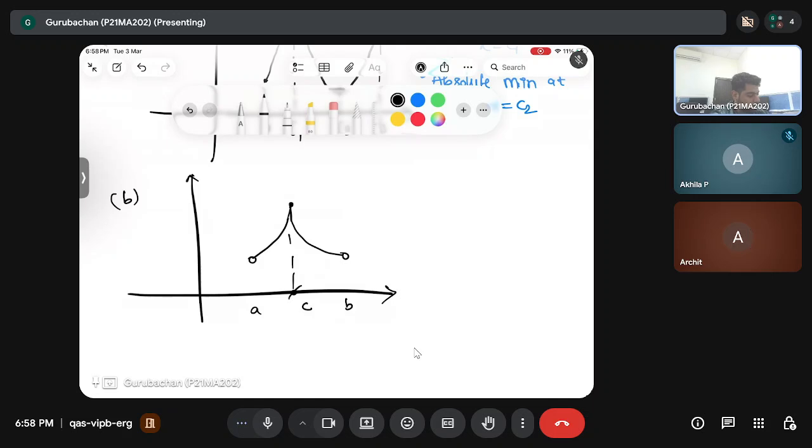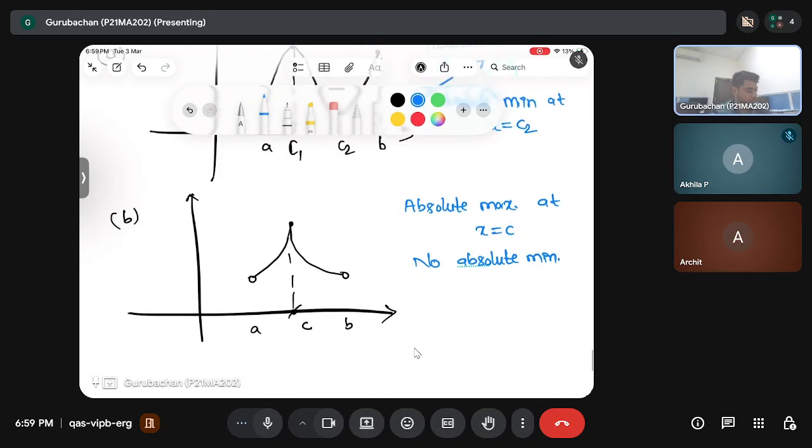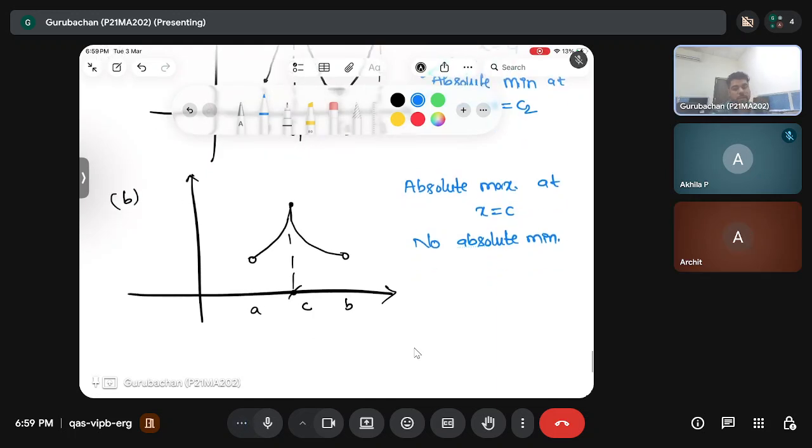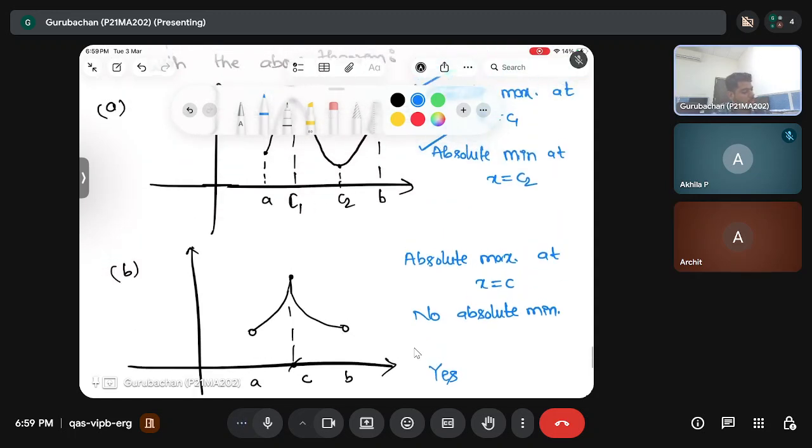Sir, absolute minimum will not exist and absolute maximum will be at point C. Absolute maxima will be at x equal to C and no absolute minima. Now tell me, is it consistent with the above theorem? Yes, sir. Why? Sir, because the points are not included in the interval. It's not a closed interval. Good. So it is still consistent, and obviously it was already consistent.